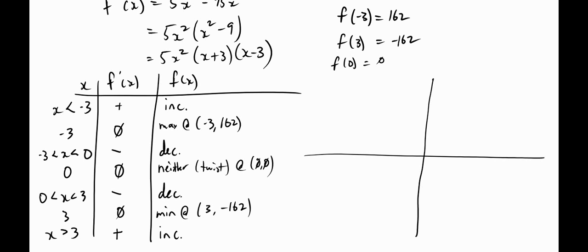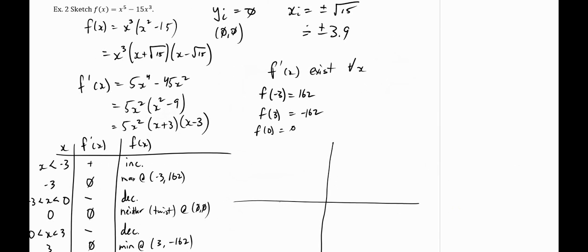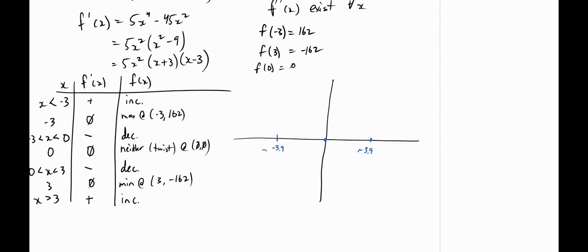So let's see. I've got x-intercepts at just under 4. So again, it's just a sketch, so it doesn't really matter, but I'm going to come out here and plot them. So this will be -3.9, and this will be +3.9, or approximately. I've got a y-intercept at 0. And at, where'd they go? -3, I'm going way up here to 162, and then way down here to -162.